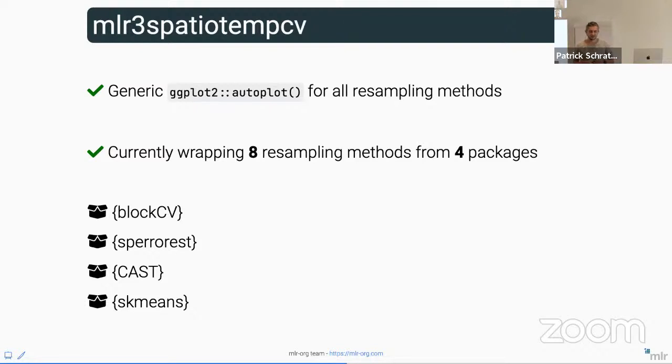The package offers also generic autoplot functions for all the resampling methods. So that means you can visualize in 2D space and in 3D space your resampling methods. Why 3D? Because when we talk about spatial temporal methods, of course, we are in 3D space, and you also want to have a look at them potentially.